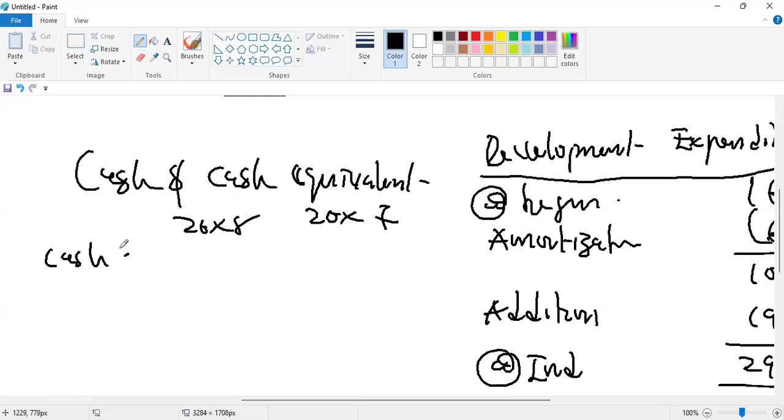Do we have cash in 2007? Let me check. Cash in 2007, 117.